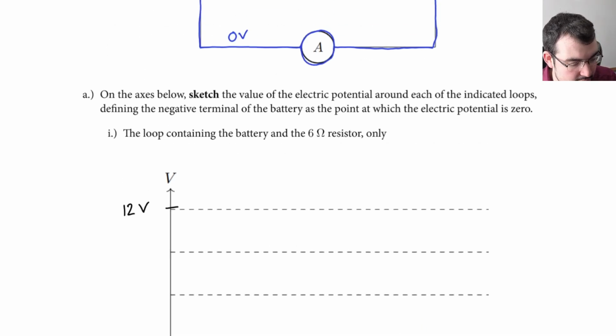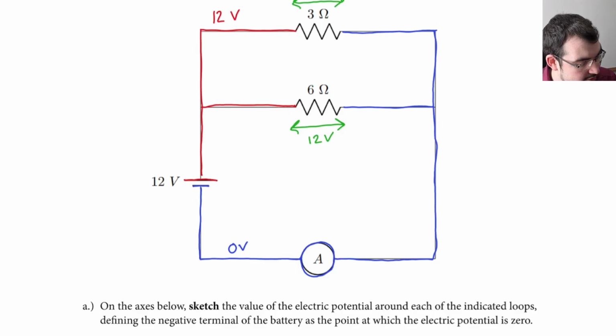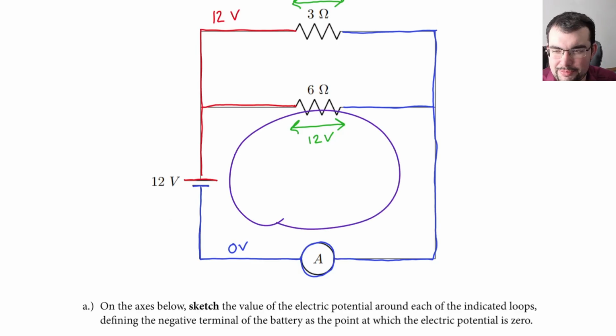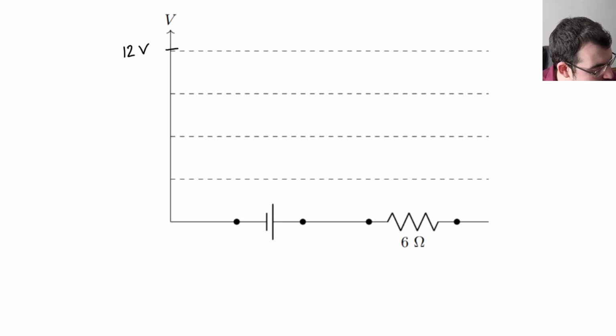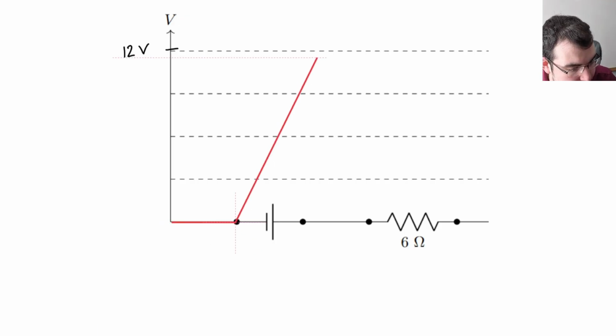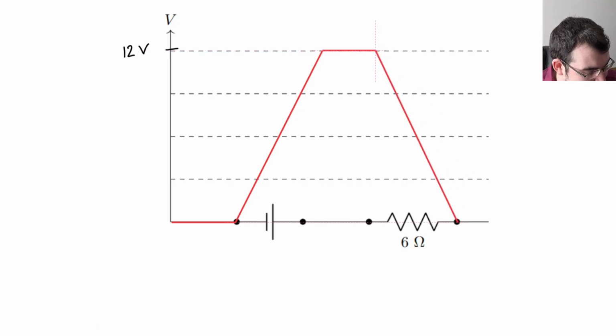Well, that would be this loop right here. If we go through our journey, we would get stepped up by the battery, then we'd drop our height through that 6 ohm resistor. So we would get this as our loop diagram.